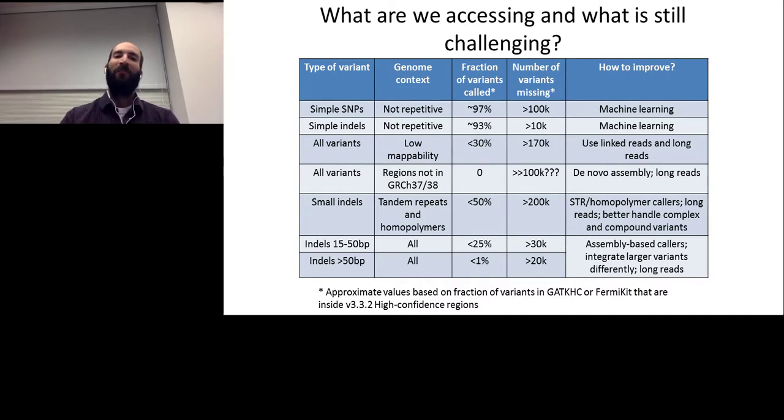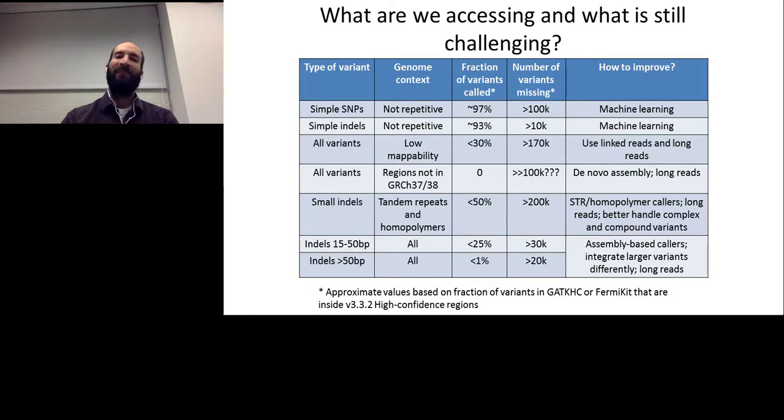But then we're missing a much larger percentage of variants once you get to low mappability regions, and of course regions that aren't even in GRCh37 or GRCh38, we're not characterizing at all at this point. There are small indels that are in tandem repeats and homopolymers that we're not yet accessing.